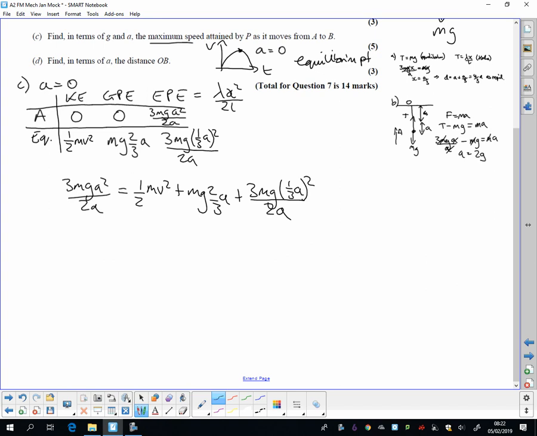Quite a lot of things will end up cancelling out, but you should be able to rearrange this, and if you simplify all that further, you can get to v squared equals 4gA over 3, and that's the maximum speed.